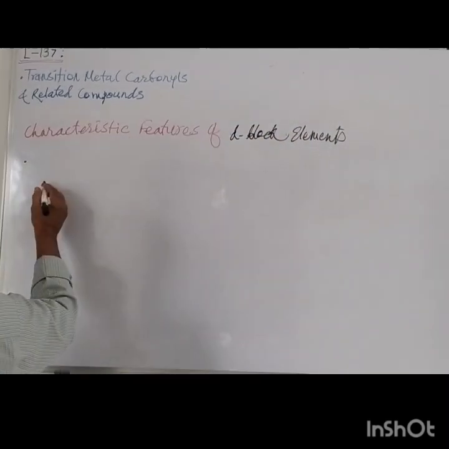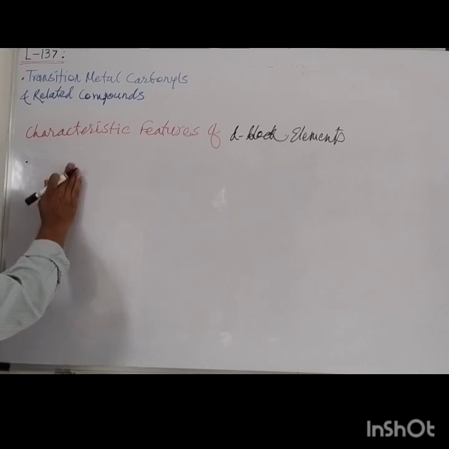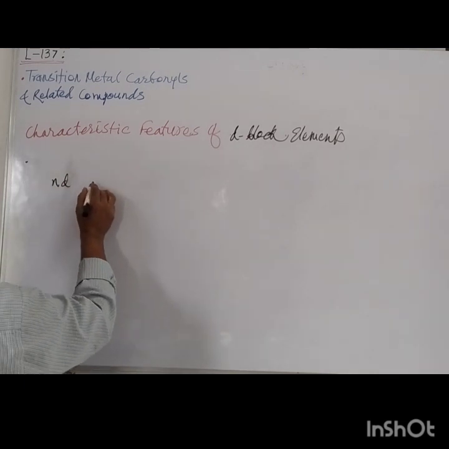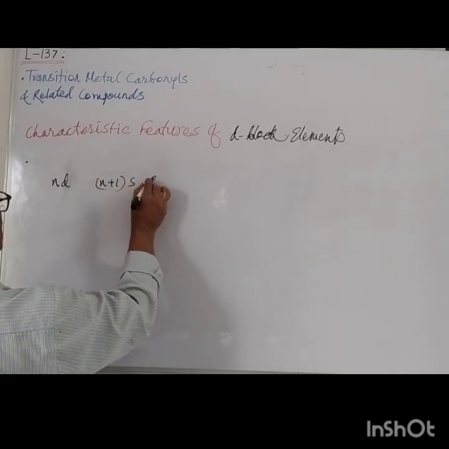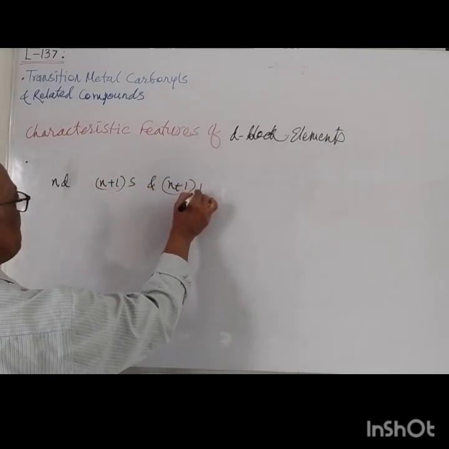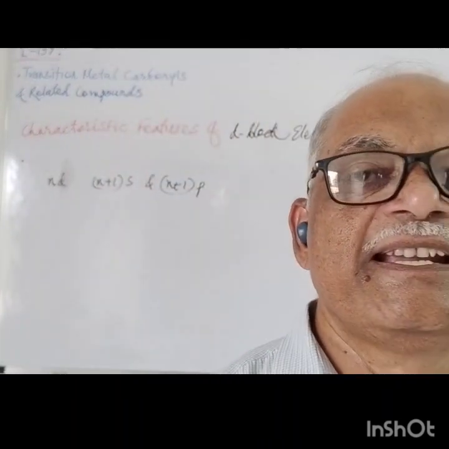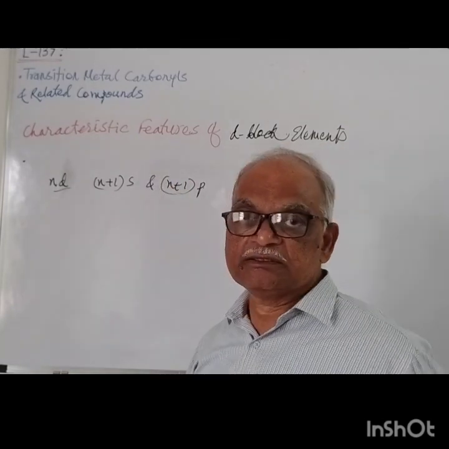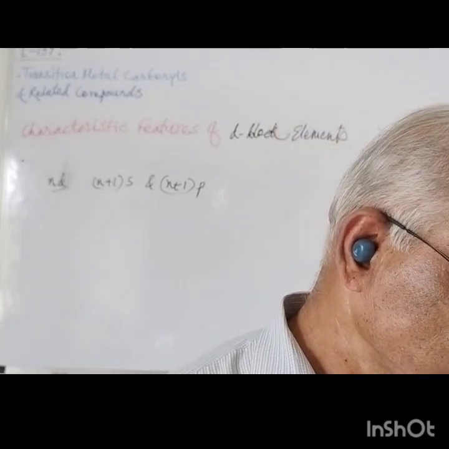If we are considering these N D orbitals, the D orbital is shown as ND, then it will have the N plus 1 S and N plus 1 P orbital. So with the help of this, and depending upon the number of electrons present in this ND, the behavior of these D block elements is considered.